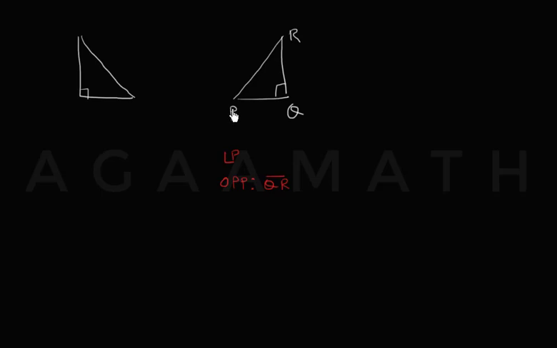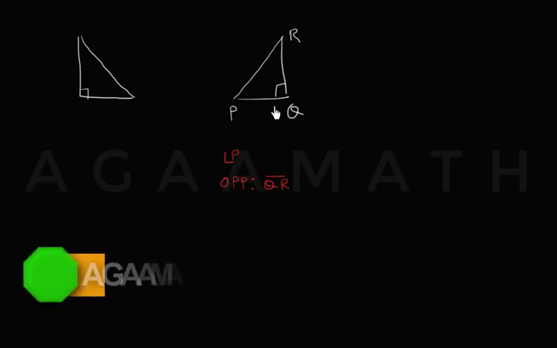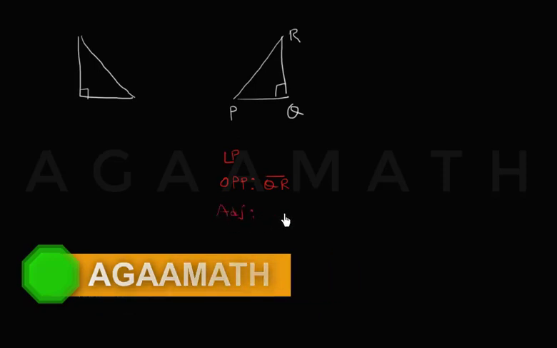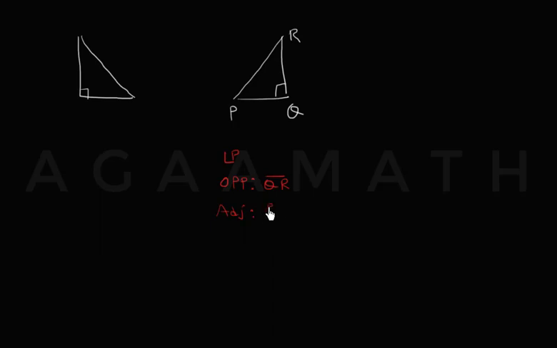Next, the adjacent side, in short written as ADJ, is PQ. Then what about PR? PR is fixed. It is called the hypotenuse. So these are with respect to angle P.